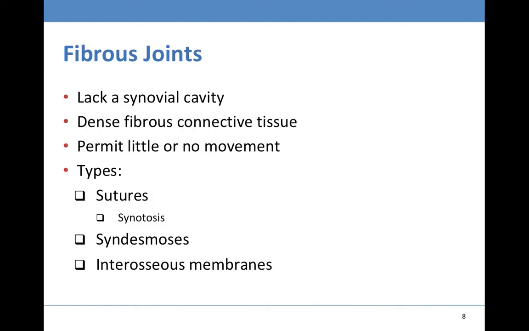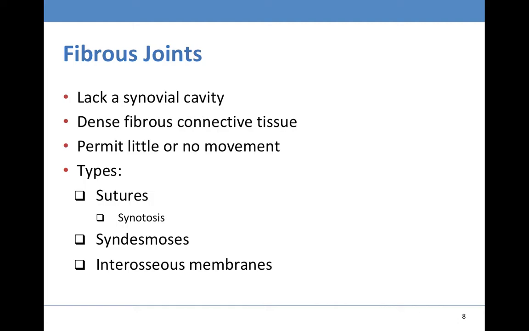So, starting with our fibrous joints. Fibrous joints will lack a synovial cavity. There is no joint cavity present with fibrous joints. They'll have dense fibrous connective tissue that will hold the two articulating bones together, and they will permit little or no movement.